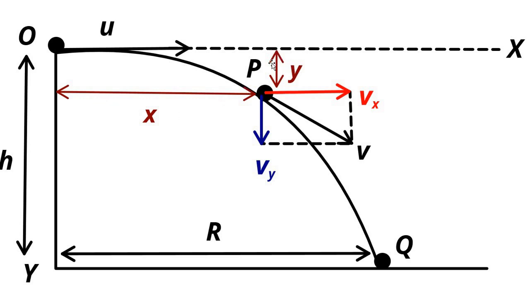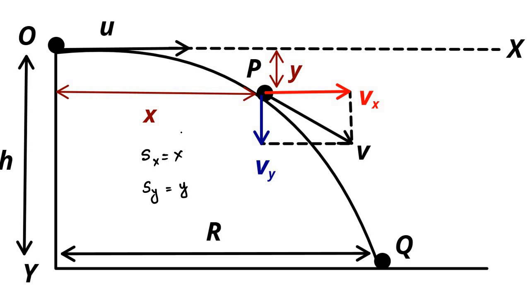So at this point P, the net horizontal distance covered is equal to x, that is Sx. Remember, Sx, the component of displacement along the horizontal direction, along the x-axis, is equal to x, and the component of displacement along the y direction is equal to y. Don't worry about the sign convention now, we are only considering the magnitude.